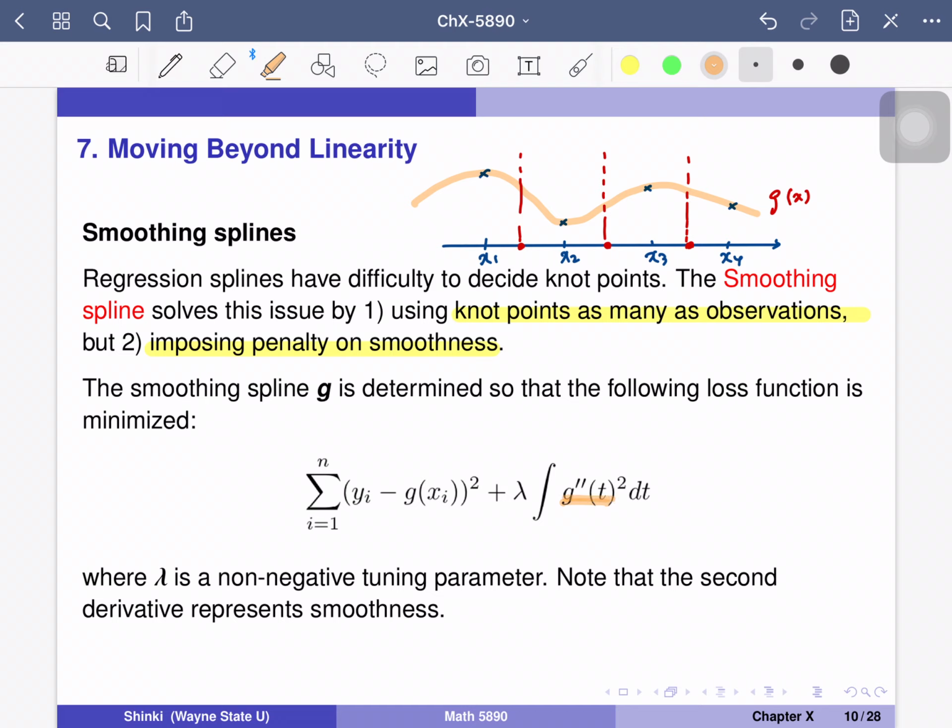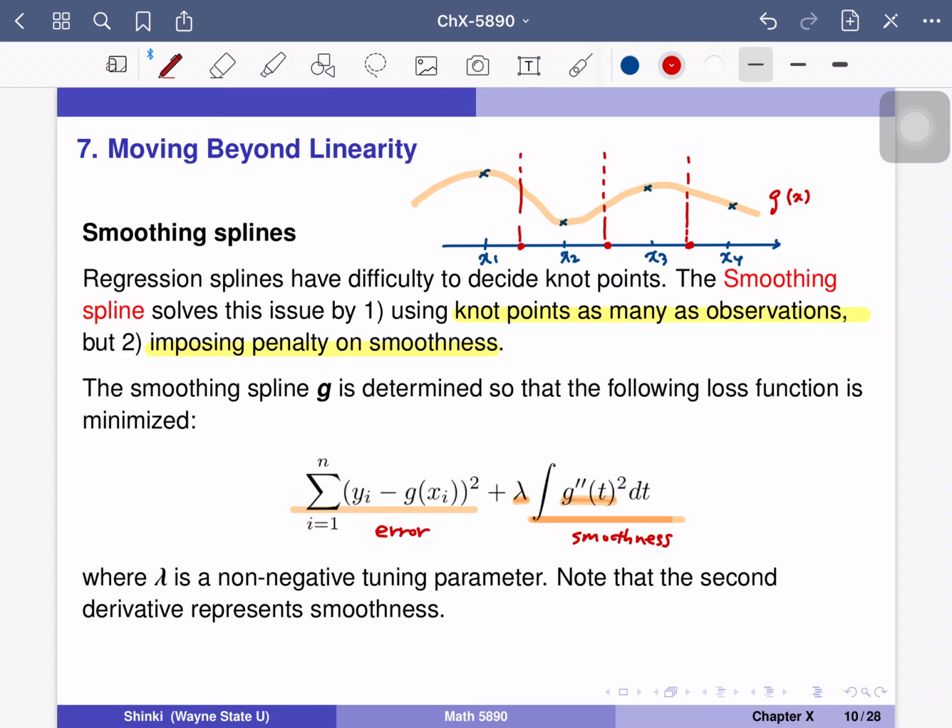To make this positive, we take the square and define this integral as the smoothness of g of t. Then we want to minimize the error size, the sum of squared errors, plus some constant lambda times smoothness. So this criterion balances between error size and smoothness.